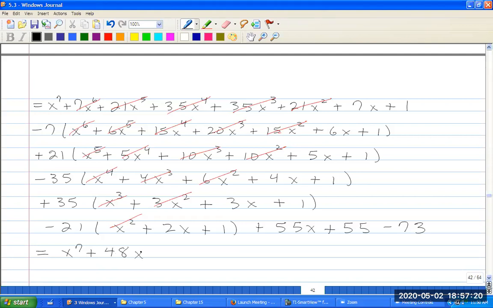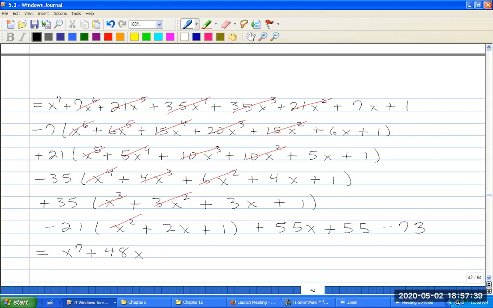So a lot of things canceled. And then looking at the constants, you get 1 minus 7 plus 21 minus 35 plus 35. Obviously, those canceled. Minus 21.